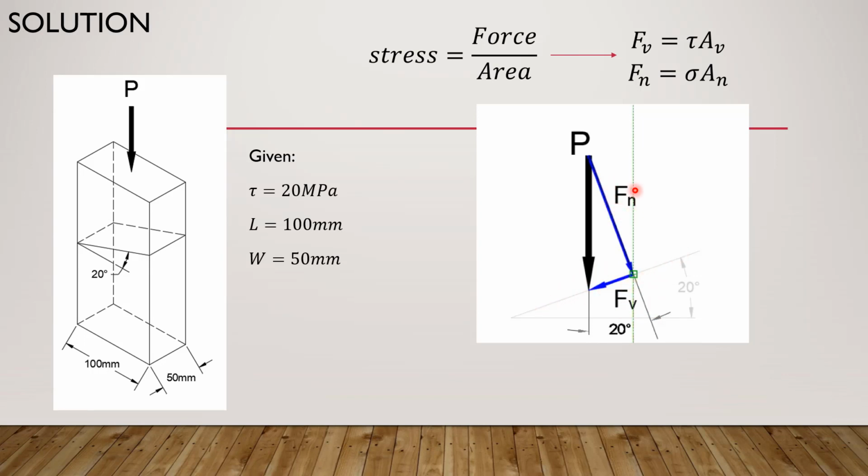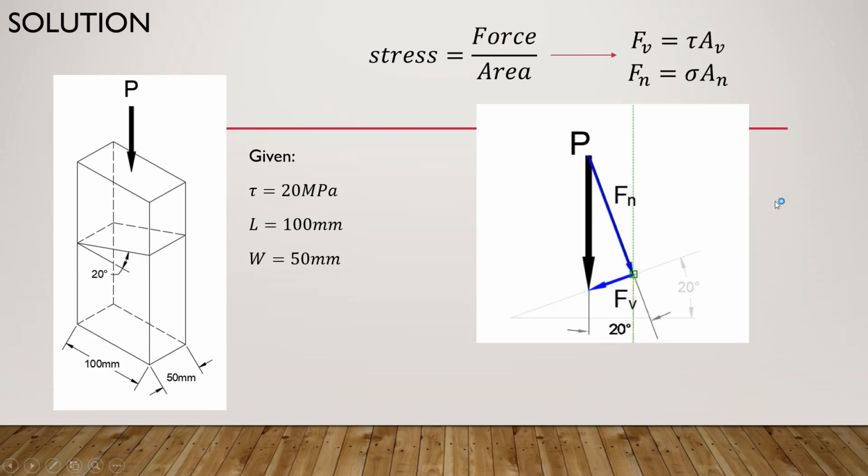To get Fn and Fv, we need to calculate the angle of force P, so the angle from the normal line. To easily get the angle, we just rotate the plane 90 degrees. Now, we can easily determine that the angle between Fn, the normal line or normal force, and the line of P is 20 degrees.